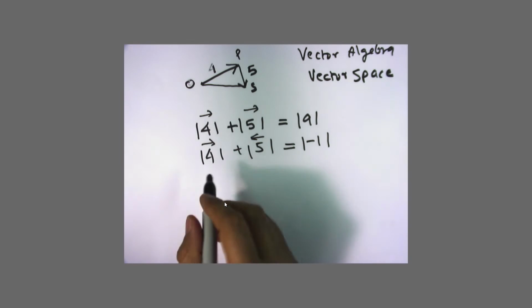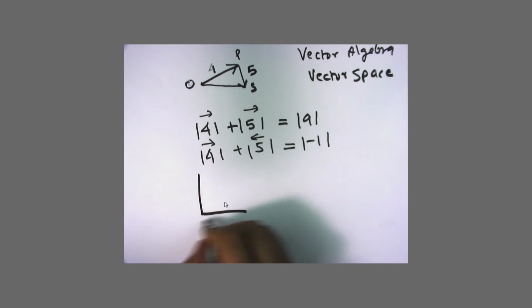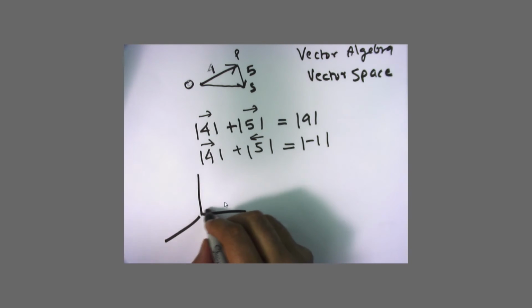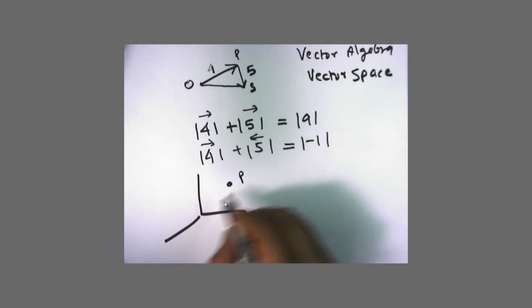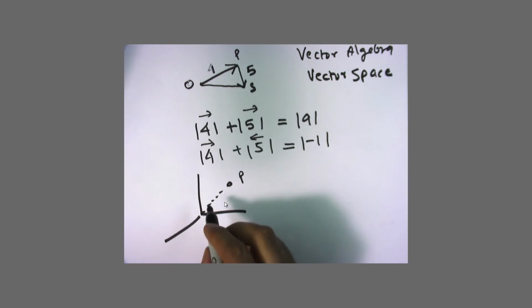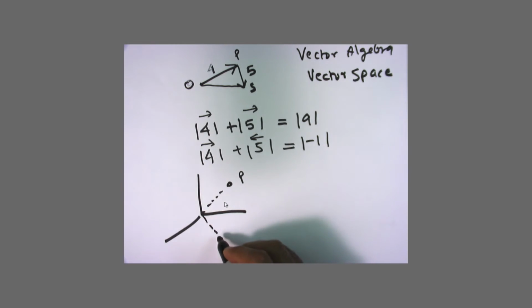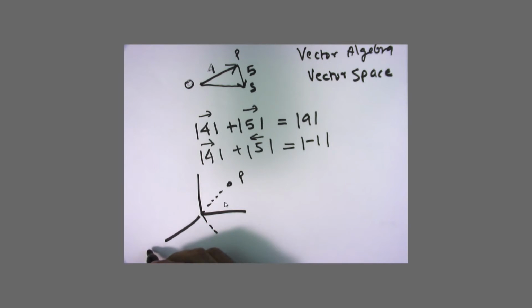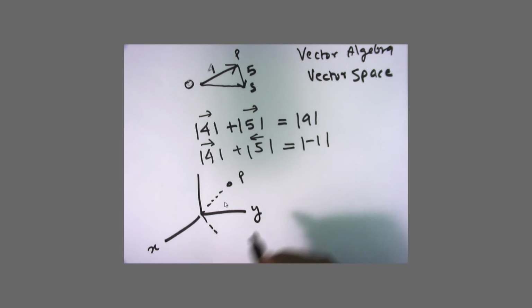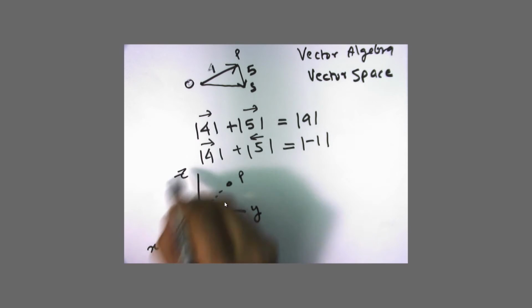Now, you can look at a 3-dimensional vector. So, if you look at here, and this is an arbitrary point P, and if I join that here, then I have a projection on x y direction. Let us say this is x direction, this is y direction, and this is z direction.